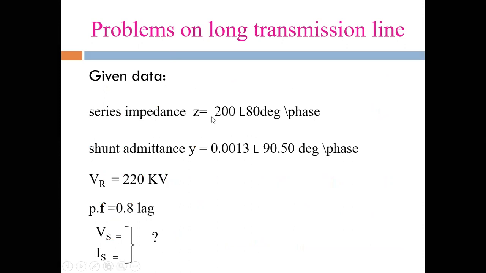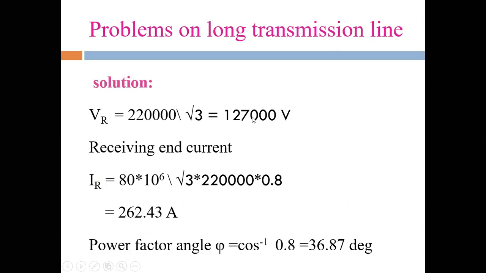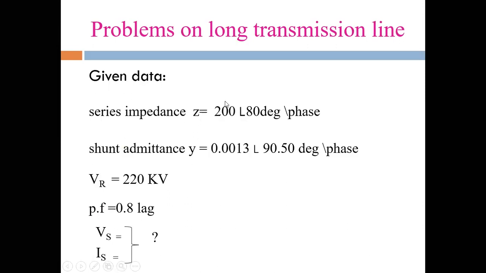This is the given data: series impedance Z is equal to 200 at an angle of 80 degrees per phase, and the shunt admittance Y. Z is equal to R plus jX, that is 200 at an angle of 80 degrees per phase.